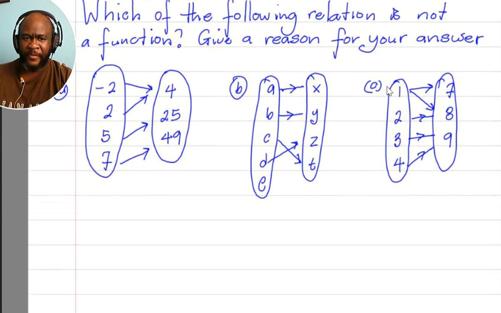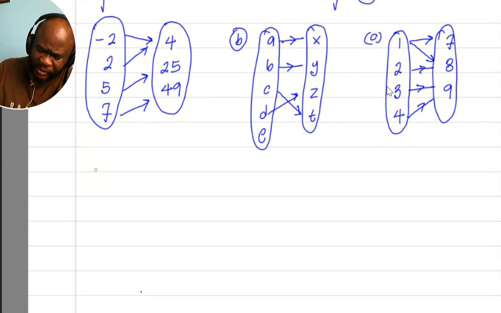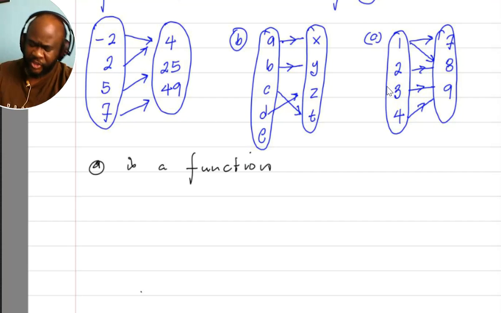So armed with that information, we can safely say that A is a function. Only one arrow leaves every element in the domain, indicating that every element in the domain is mapped onto only one element in the range.